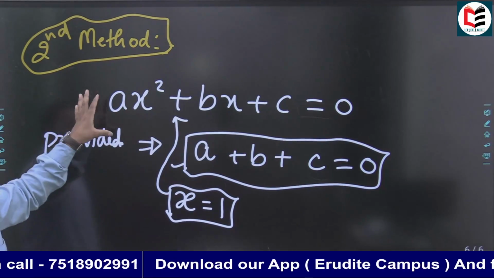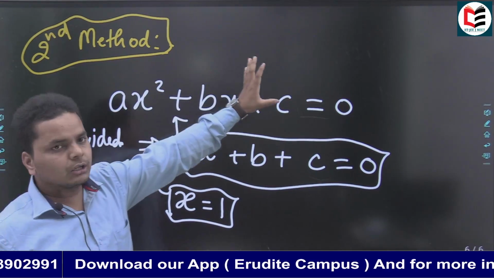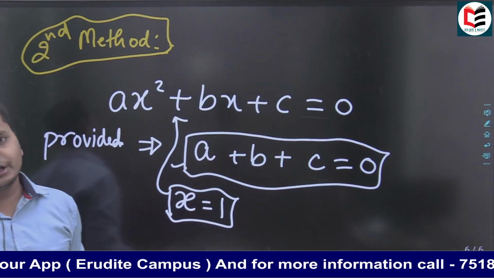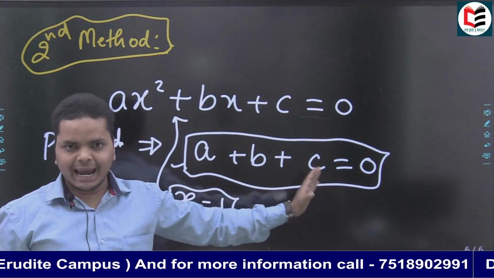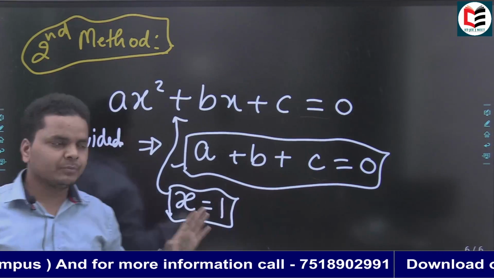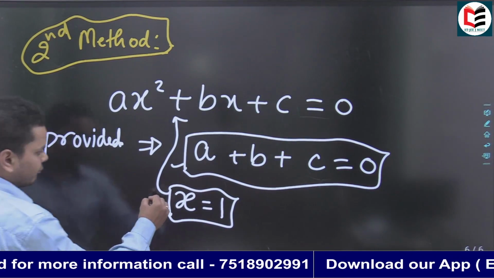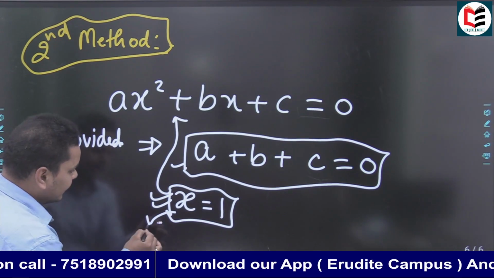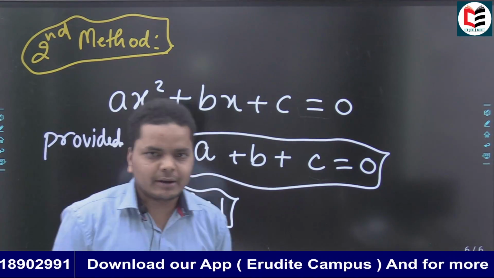If the coefficients of x square, x and the constant term, meaning a, b and c, in the quadratic equation add up to 0, then only it will be defined. From here you can do it by the factorization method also.